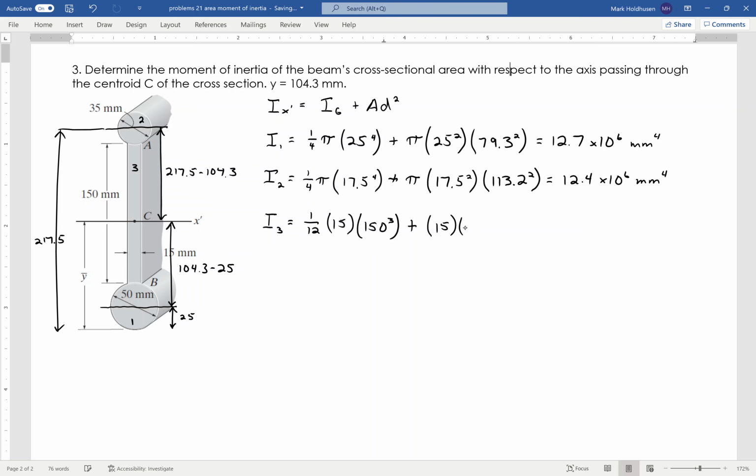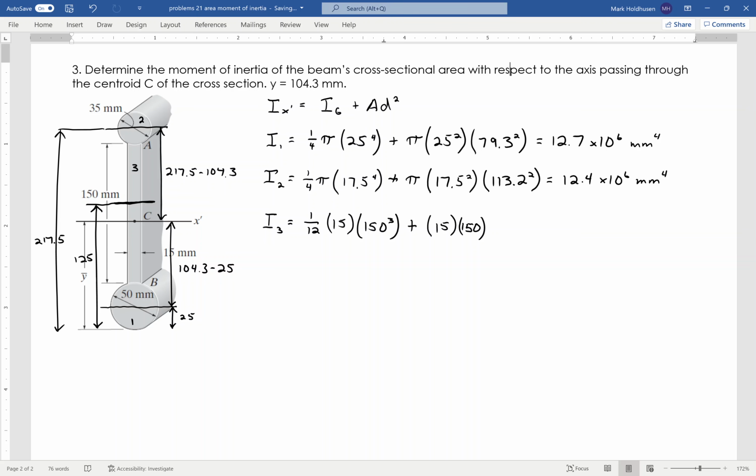And again, now I need the distance between that x prime axis and the center axis right here. Now, that center axis goes up 50 and then up another 75, because the center of that rectangle is half of the 150. So I go 50, this is going to be 125.